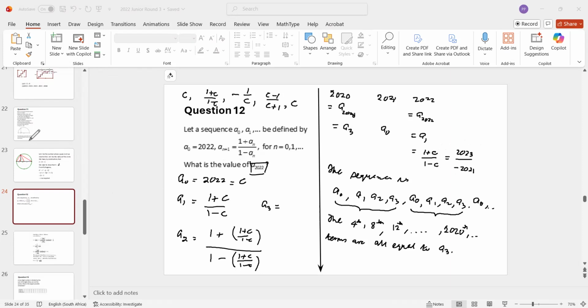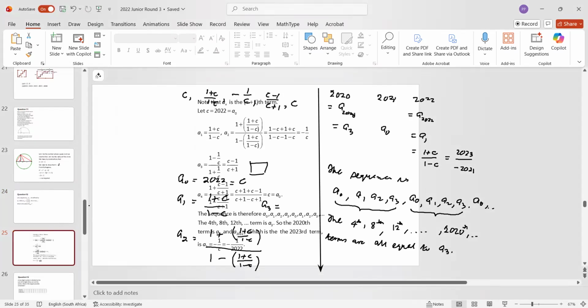Let me just look at my solution, if you don't mind. I got A3 is C minus 1 over C plus 1. A0, A1. Right, that's okay. I got C minus 1 over C plus 1. And I have A4 is A0. That's the same as A0.